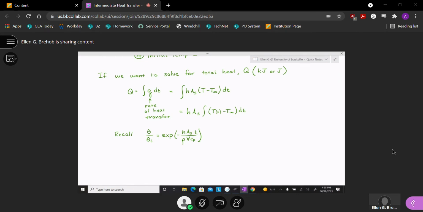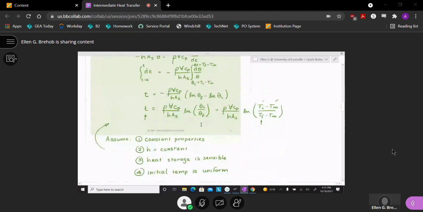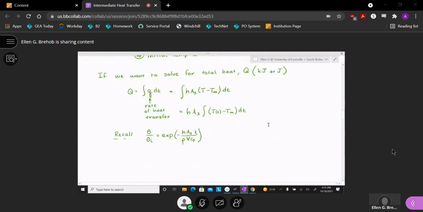So I'm saying recall, but let's scroll up for just a minute. Okay. If I took all of this stuff to the other side of the equation, and then I took the exponent, so I get rid of my natural log here, hopefully this equation looks like a rearranged version. Okay, so this comes from the lumped capacitance assumption.